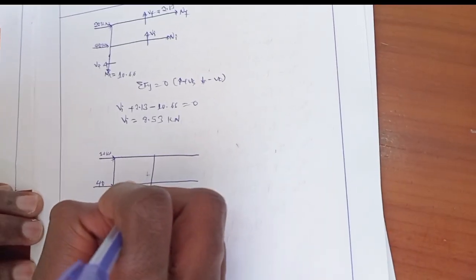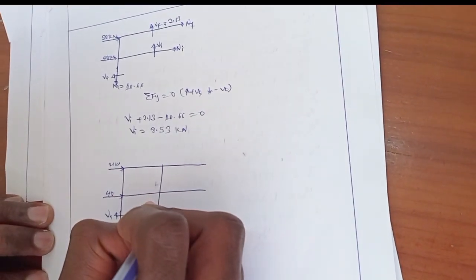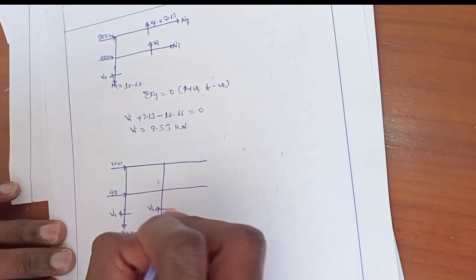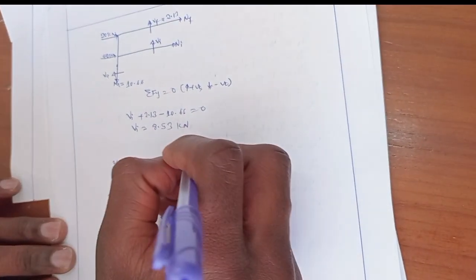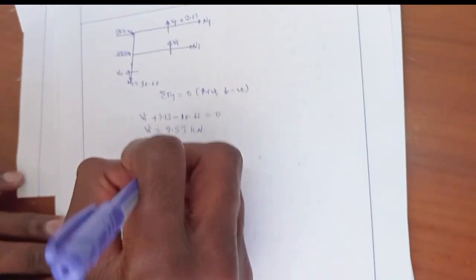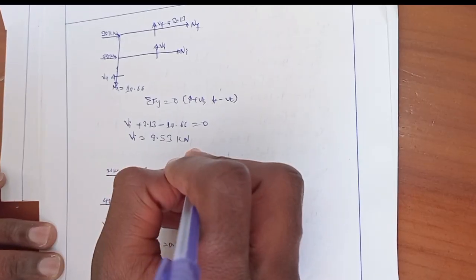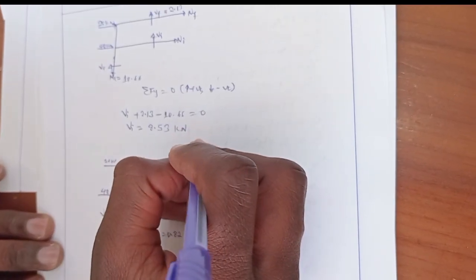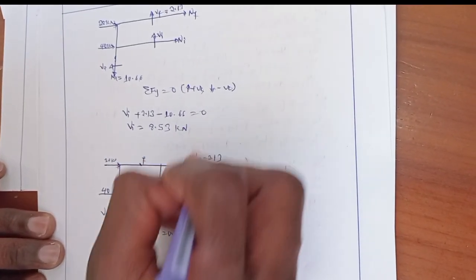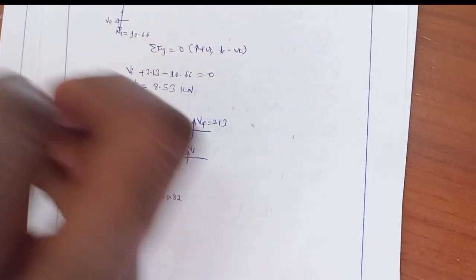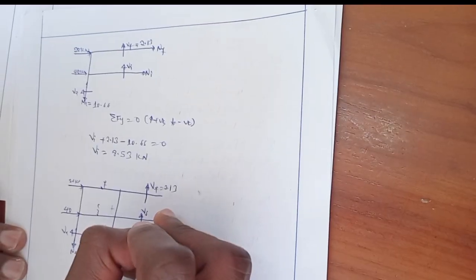This is VB, NB, NB was 0.82. This is FI. Here was VF, VF was 2.13. Here, this is VJ, at this point.